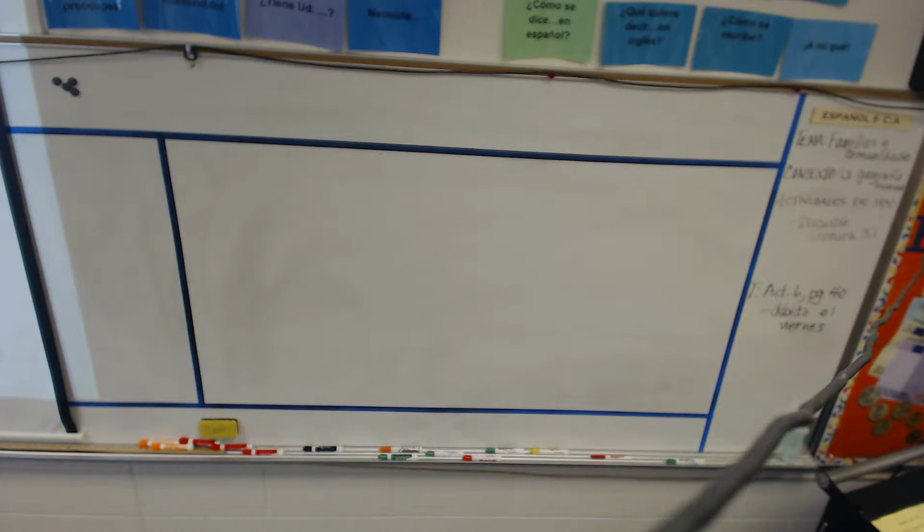Now we have another special kind of verb to talk about when we talk about negative informal commands. We talked about this same kind of verb when we were learning the yo form of the preterite.